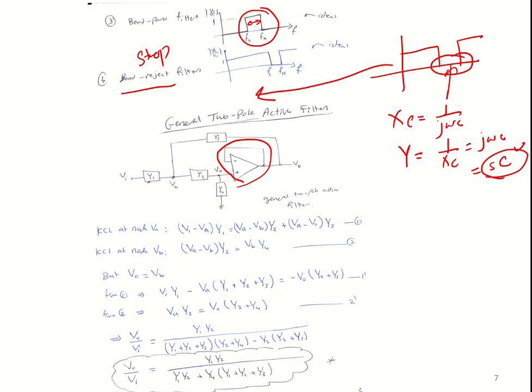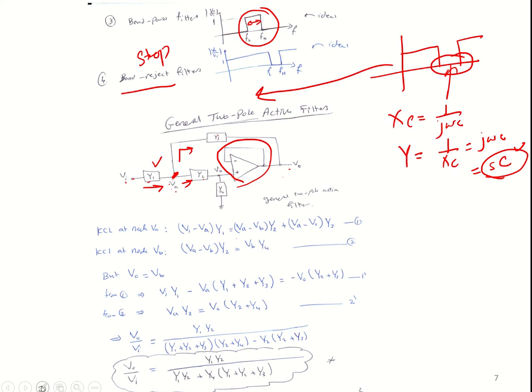Basically, we are going to write the transfer function for this network. This is the derivation. If you apply KCL at this node, the incoming current will be equal to the outgoing currents. The incoming current is VI minus VA multiplied with the admittance. It will be equal to the outgoing current.